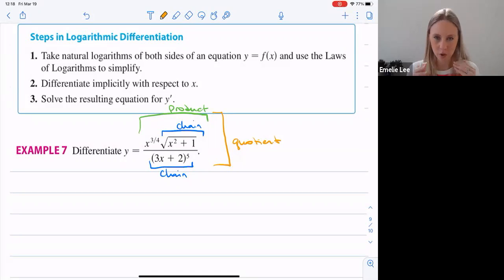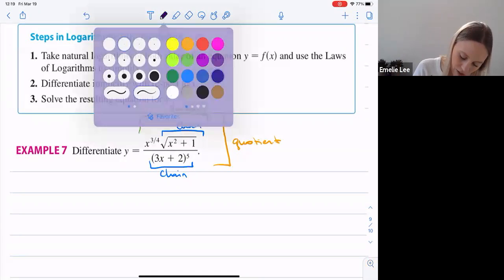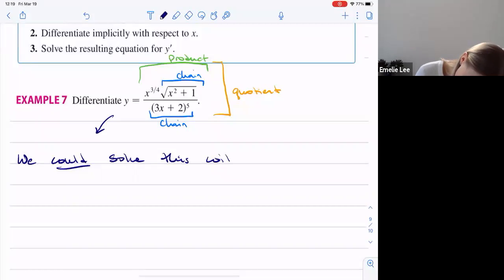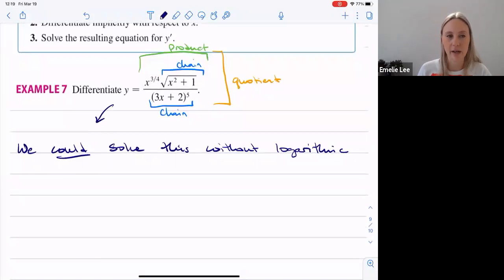Right? You could, just taking your time and really being careful, you absolutely could work through this without logarithmic differentiation, right? It's just going to be a lot easier if we take the log of this thing and then differentiate. So we could solve this without logarithmic differentiation, and that might be a fun exercise on the side, maybe later.